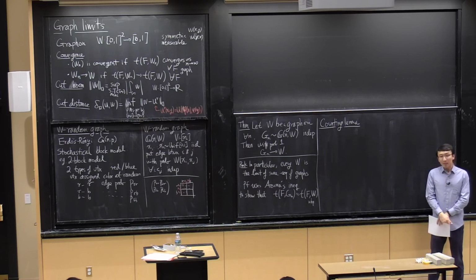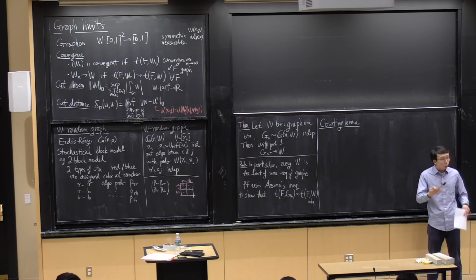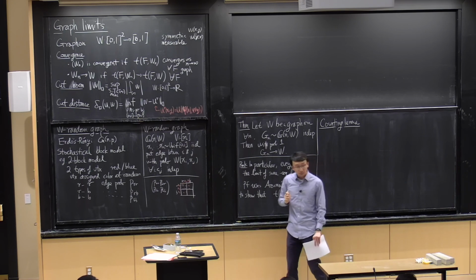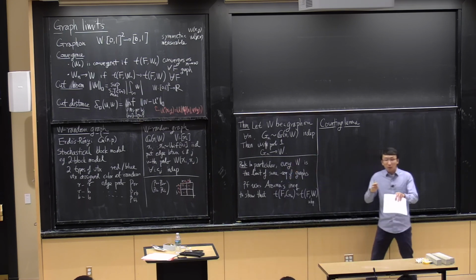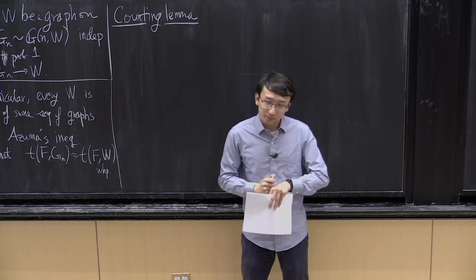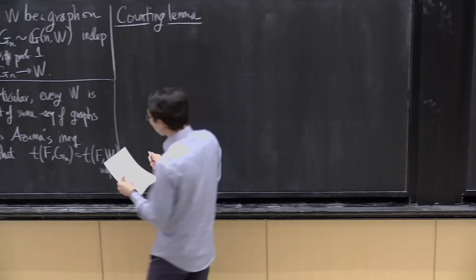The goal of the counting lemma is to show that if you have two graph functions which are close to each other in the sense of cut distance, then their F densities are similar to each other. So here's a statement.